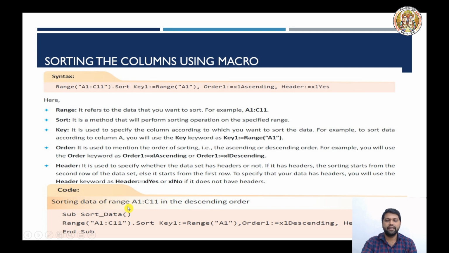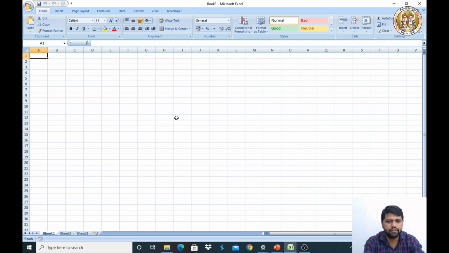So let us try these in a macro, in VBA. Let us see that practically also. Let's start how to sort the data. Before that we need to prepare some data. I'll prepare it. So first will be the roll number and the name of the student.